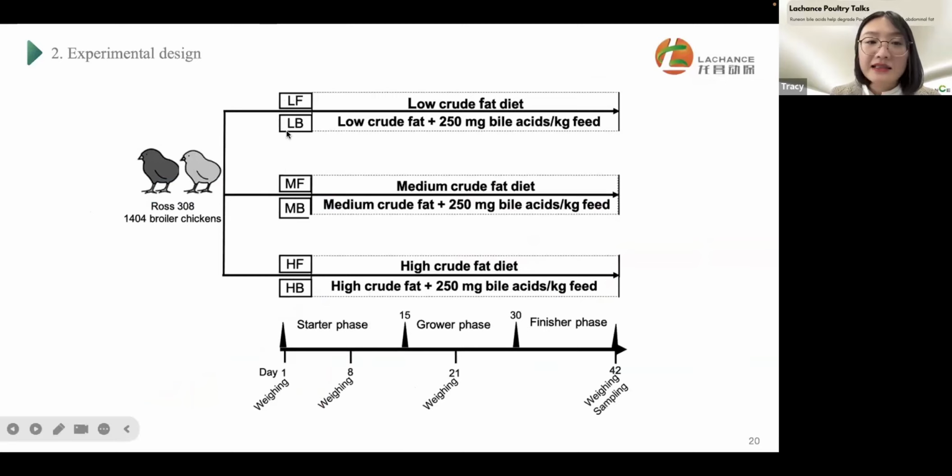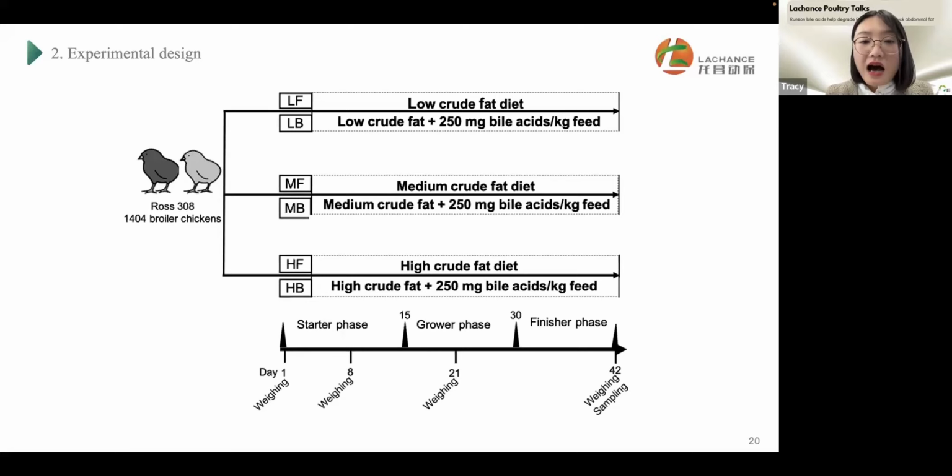This is LF, and LB in the first group is low crude fat diet plus 250 milligram bile acid per kilogram feed. And in the medium group, this one, MF and MB. MF is the medium crude fat diet, and MB is the medium crude fat plus 250 milligram bile acids per kilogram feed.